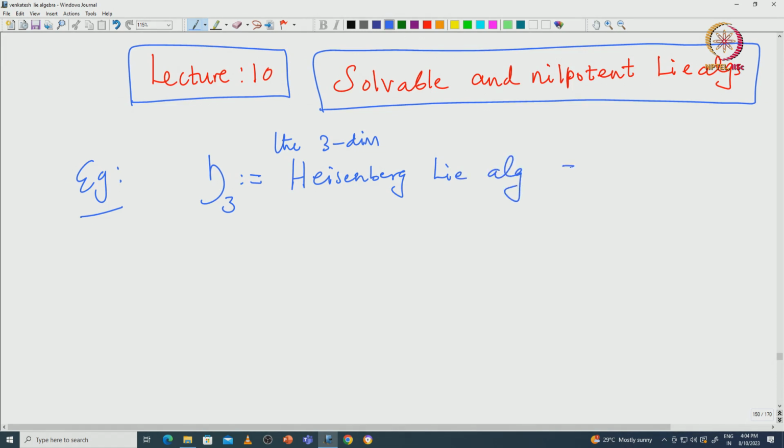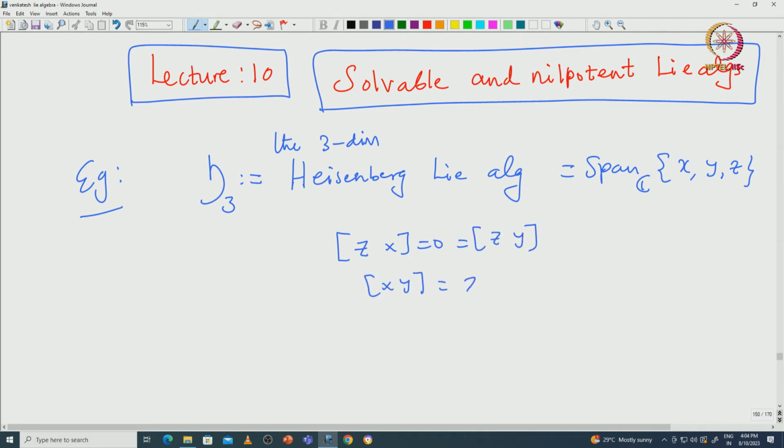Note that this is spanned by 3 elements which we call x, y, z. Here z is central, and whenever you take the bracket of x, y you should get z. So, this is the definition.